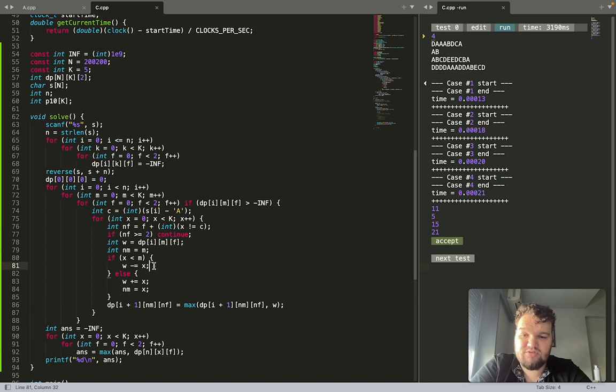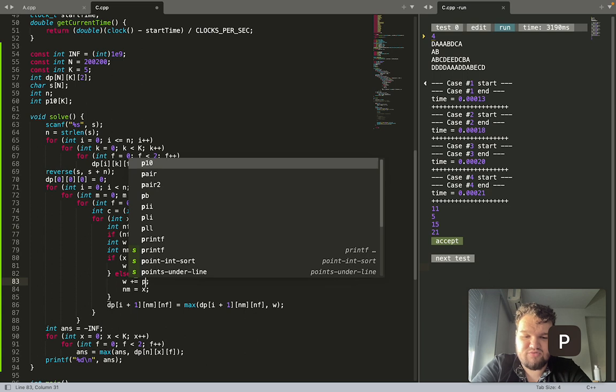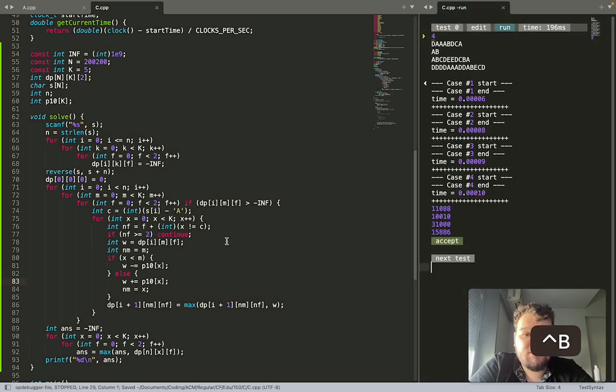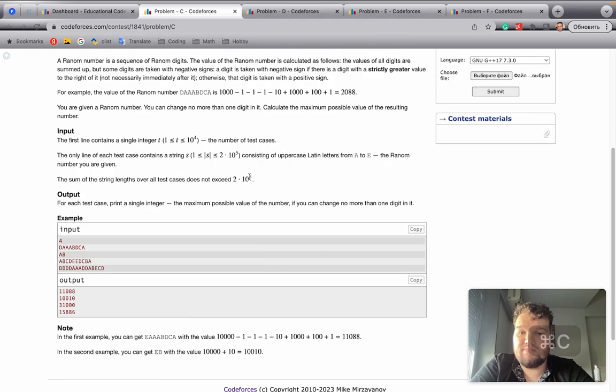Because the value is not x, but the x's power of 10. Yeah, that's more like it.